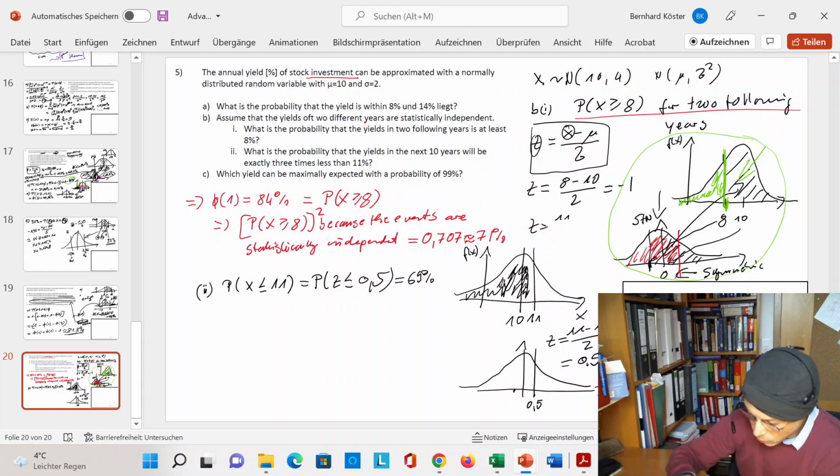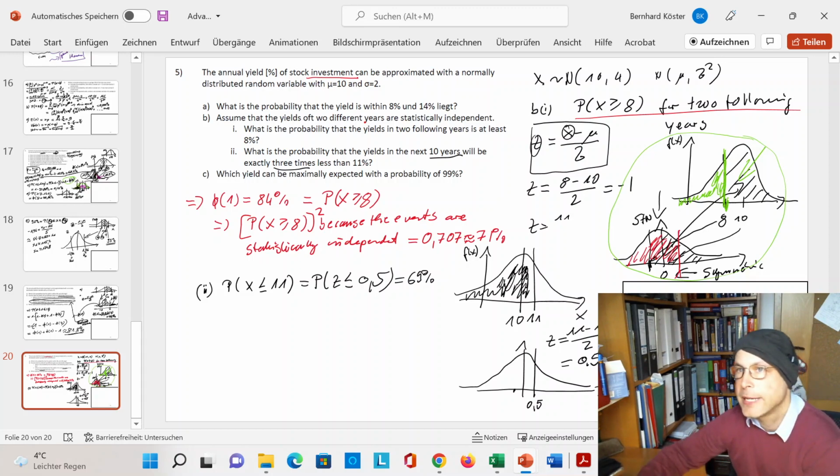So, but now we have 3 times out of 10. So what we need is now how many possibilities of 10 events do we have that 3 of these events have a yield less than 11%.